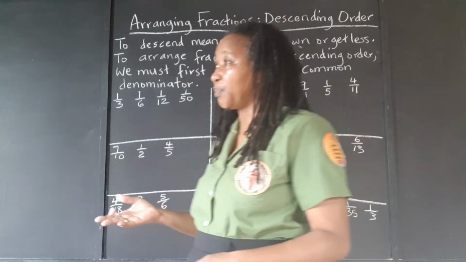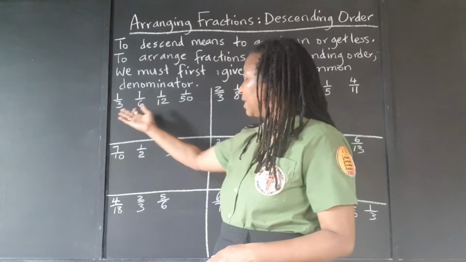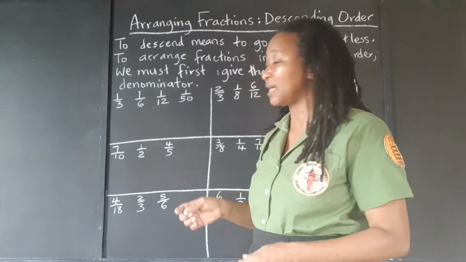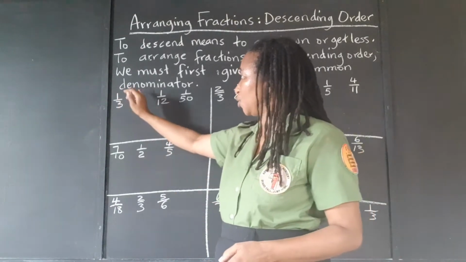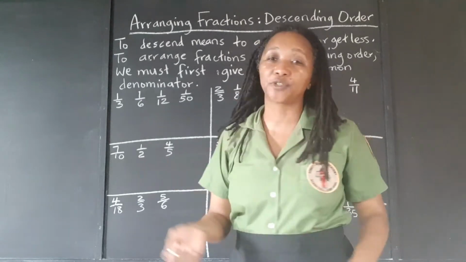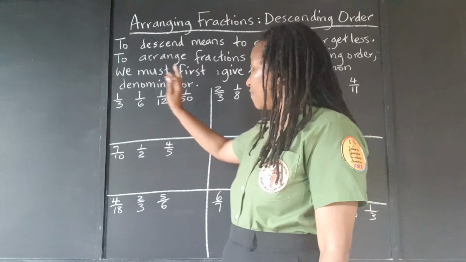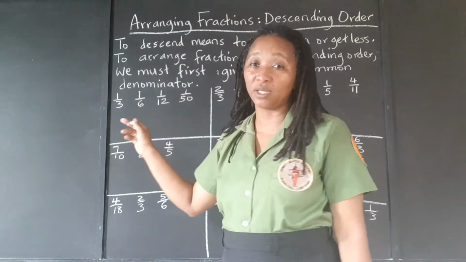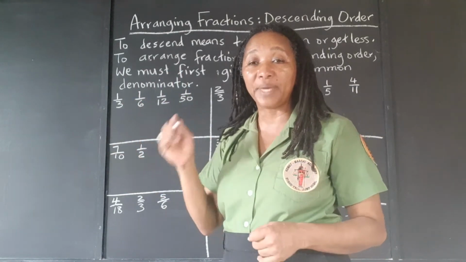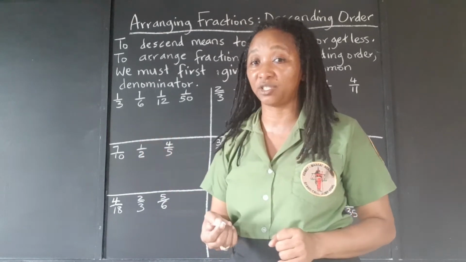So we have to put them over a common denominator. Now if you're given a set of fractions like these that have the same numerator, which is 1, you can actually go straight ahead and compare them. But the catch is, if they all have a numerator of 1, the one with the biggest denominator is actually the smallest fraction.